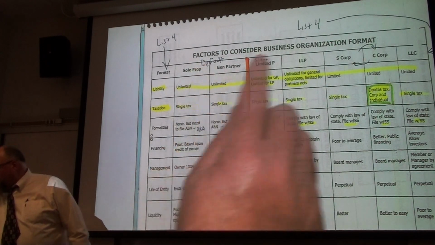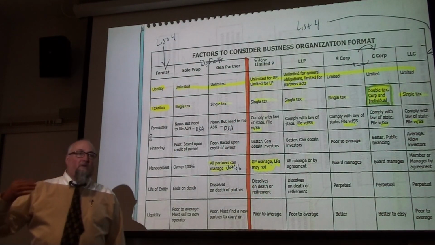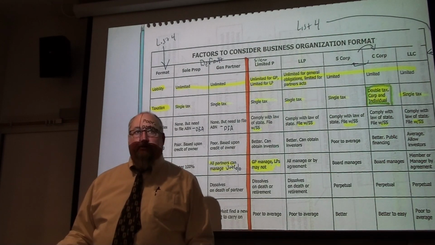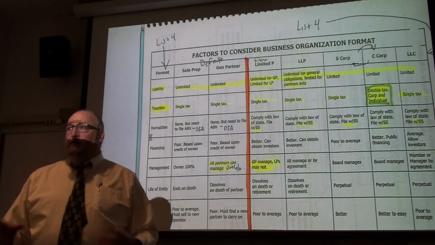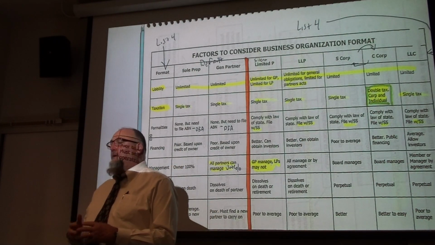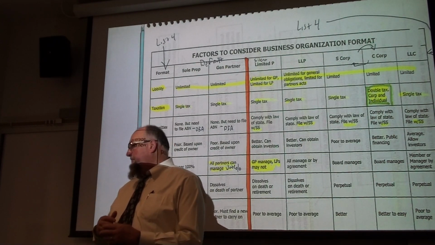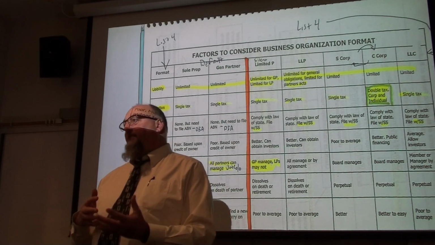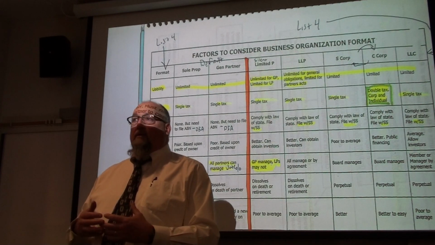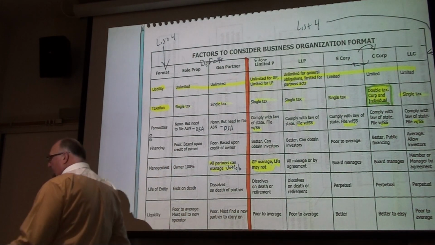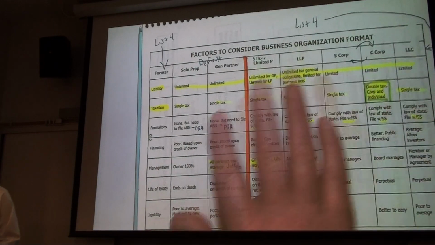And then list 4 types of business organizations out of those potential 7. So those are the 2 fill-in-the-blank questions that I commonly ask that come off of this page. List 4 types of business organizations, and what are 4 factors that you look at when you're deciding which one you want to choose.